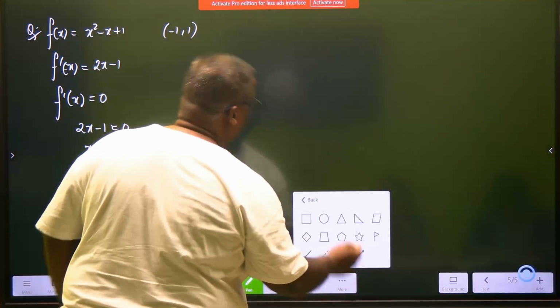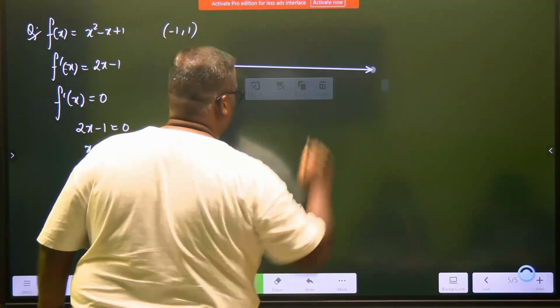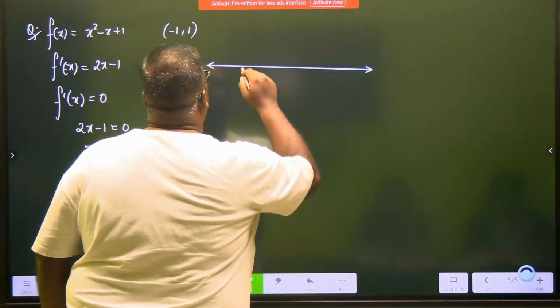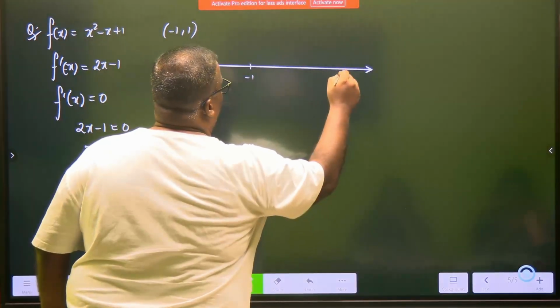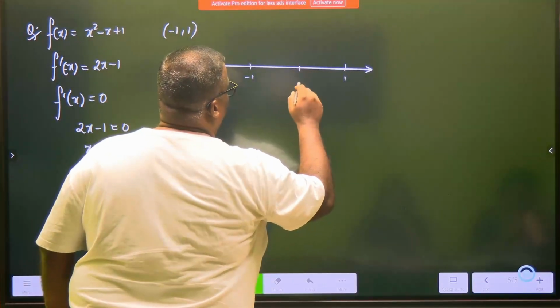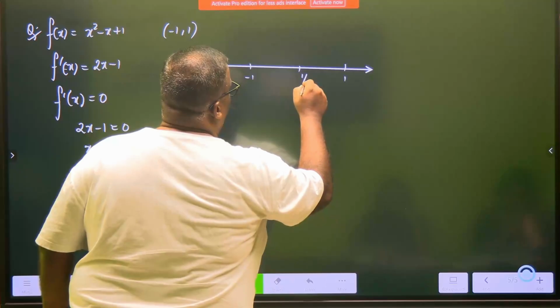The interval we have to check is minus 1, 1, but we got a critical point which is half. Half is a critical point.